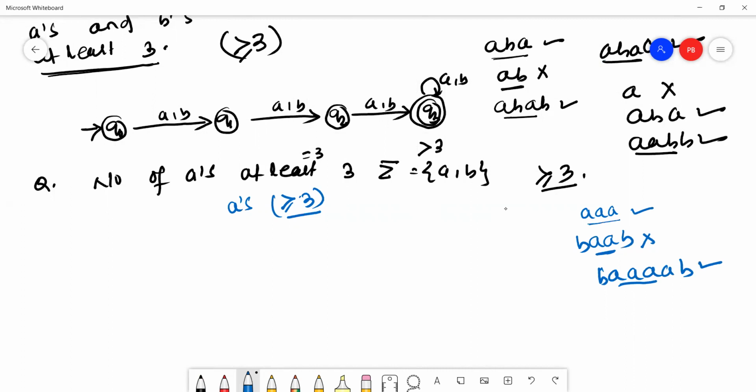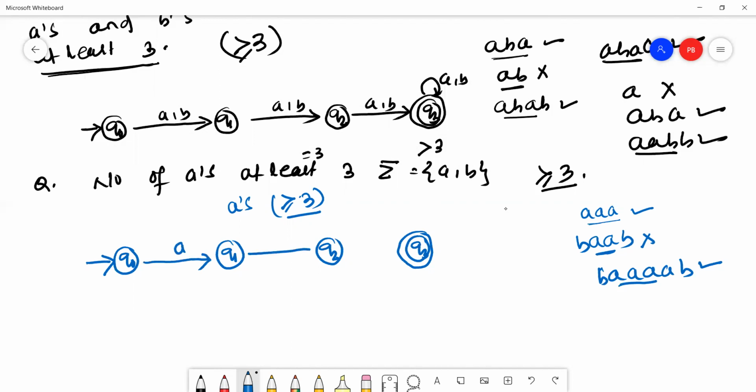Now we'll construct the DFA. This is Q0. This is Q1. This is Q2. This is Q3, my final state. First we'll construct the equal case. Equal means the number of A's equal to 3.